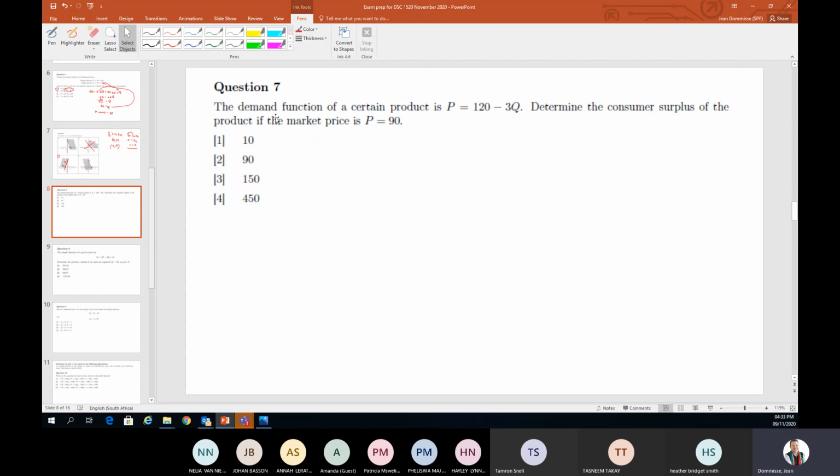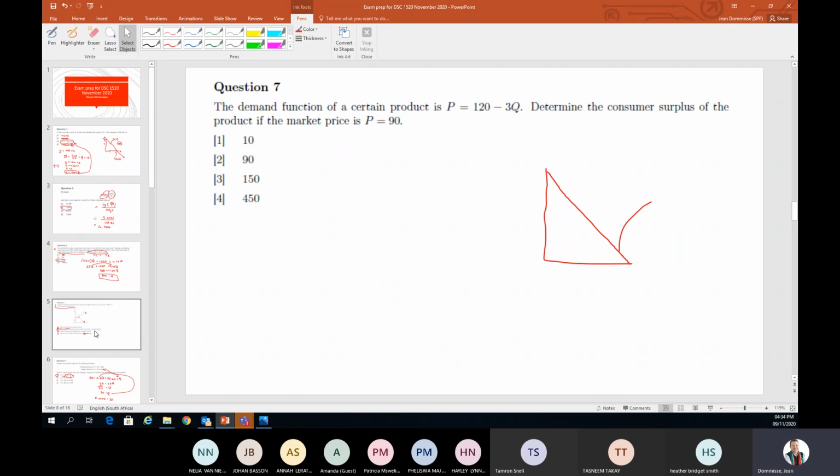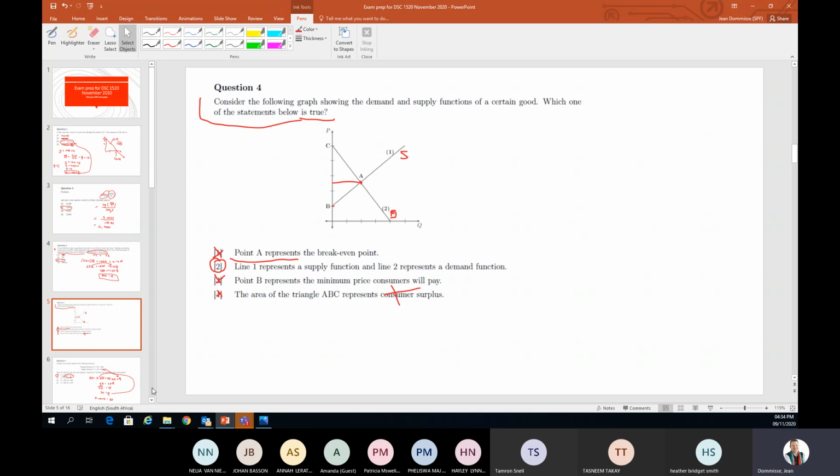Okay, so the demand function of a certain product is given. Determine the consumer surplus of a product if a market price is P equal to 90. Okay, so there's my demand function. Remember the ladder.